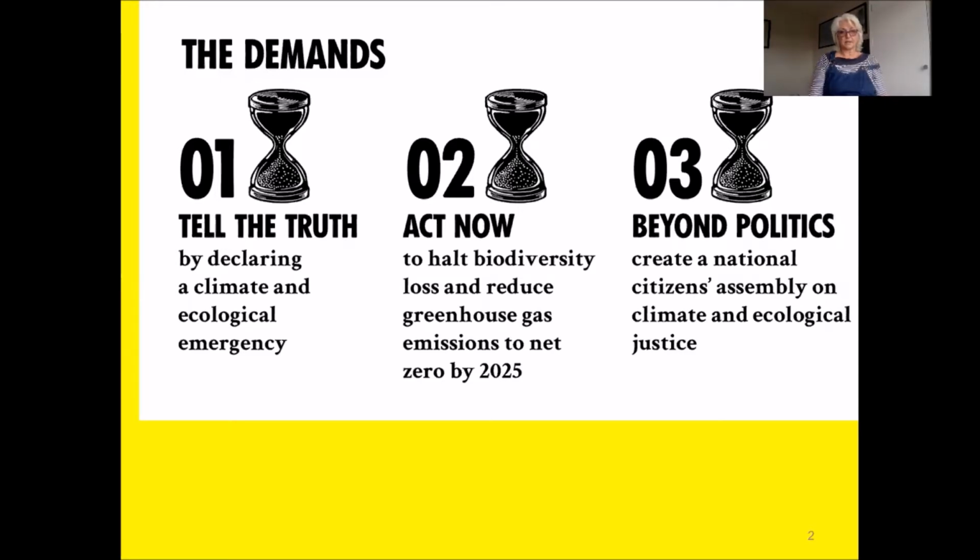So, as I said, Extinction Rebellion have 3 demands, the first one being tell the truth, for the government to tell the truth about the severity and the seriousness of this climate and ecological emergency. And secondly, to act now in order to halt biodiversity loss and reduce greenhouse gas emissions to net zero by 2025.